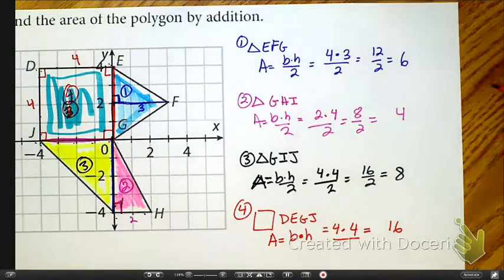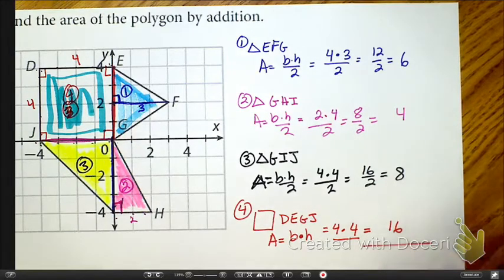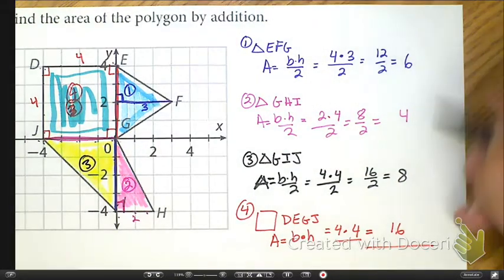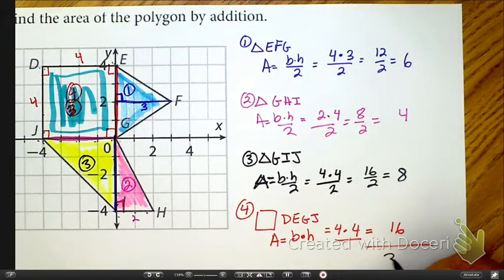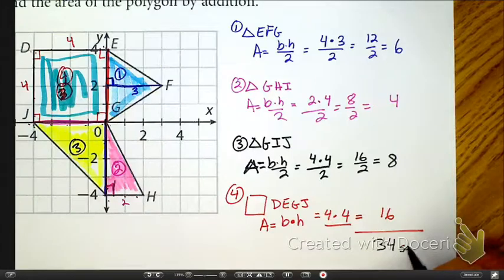Now, I've found the area for every part of our composite figure. Now we need to add them. Six plus 4 plus 8 plus 16, 34 square units.